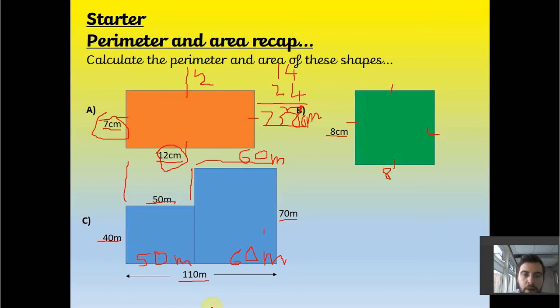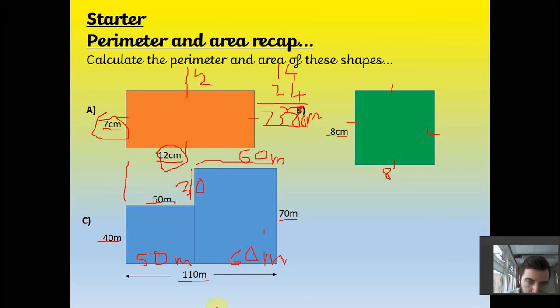Okay, and then once I've worked that out, I can add them all up, and that will give me my total. So 60, or I've got that already. So 110 add 40 is 150. Add another 50 equals 200. This side I forgot to calculate. This side, if I do 70 take away 40, that gives me 30.